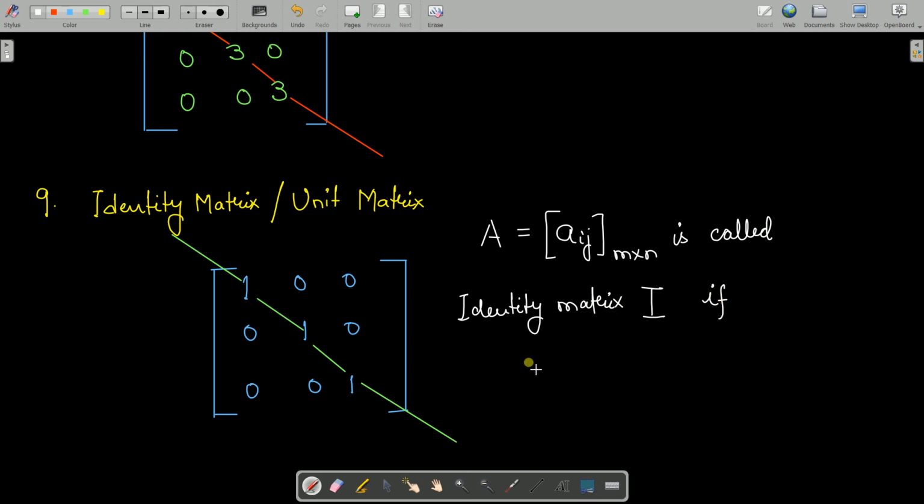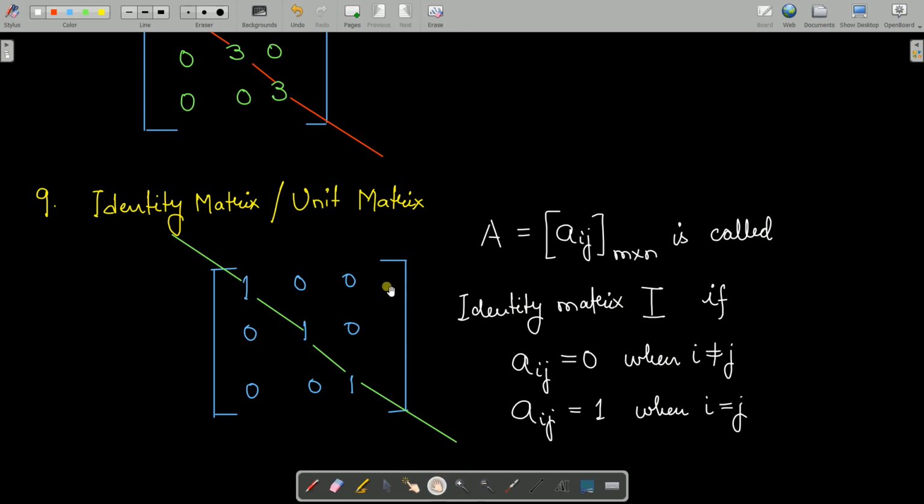If your Aij becomes 0 when i is not equal to j, and Aij becomes 1 when i is equal to j. Okay, so these are certain types of matrices, or fundamental matrices that we have seen. As soon as we come across some usage of the different types of matrices, we will learn all those different special types of matrices again in the subsequent lectures.